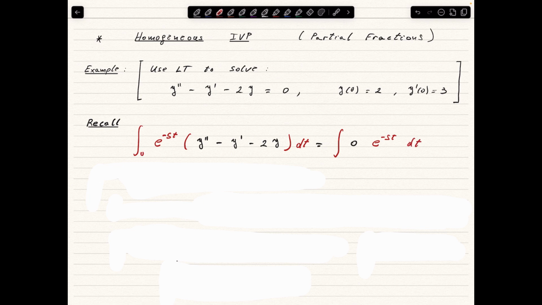We are integrating from 0, because that is the initial time in our problem, to infinity, because we want to find solutions for all possible values of the variable t.